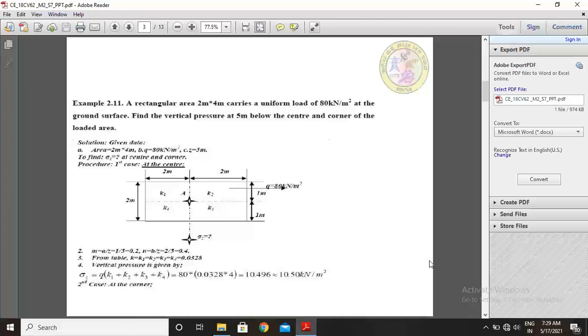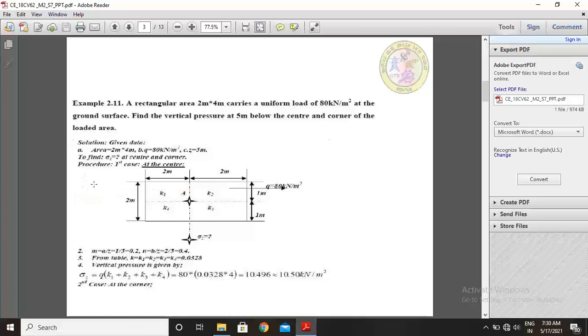This problem is based on the rectangular area concept, so you apply the procedure. First you write the given data. Here area is 2 meter into 4 meter, q is 80 kilonewton per meter square, Z is 5 meters. To find vertical stress sigma Z at center and corner.